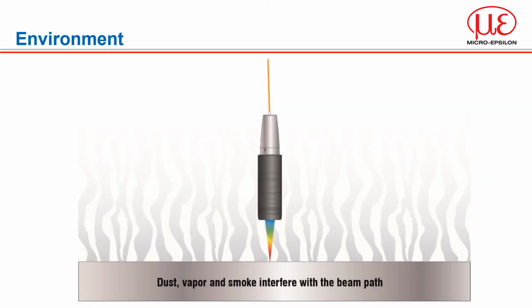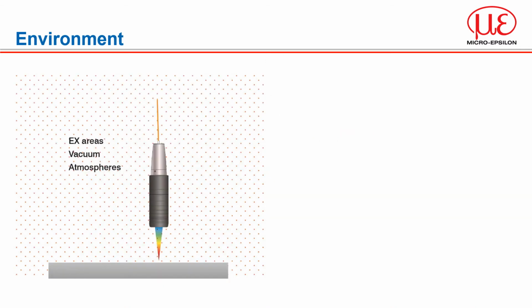Just like all optical measuring principles, confocal chromatic sensors require a clean environment. Strong dust, mist and smoke interrupt the beam and allow no precise measurement to be made. However, in contrast to other sensing systems, confocal systems from Micro-Epsilon are entirely wear-free.